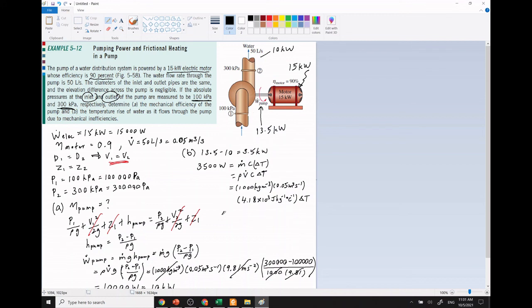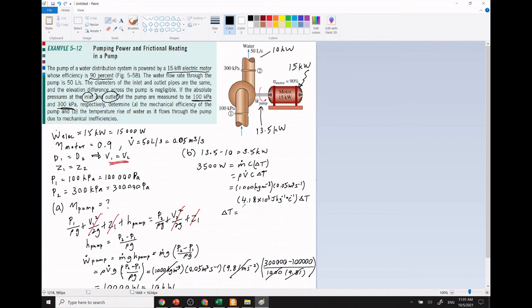So we want to calculate the change of temperature. In this case, how much could it be? So 3,500 divided by 1,000 divided by 0.05 divided by 4.18 divided by 10 to the power 3.